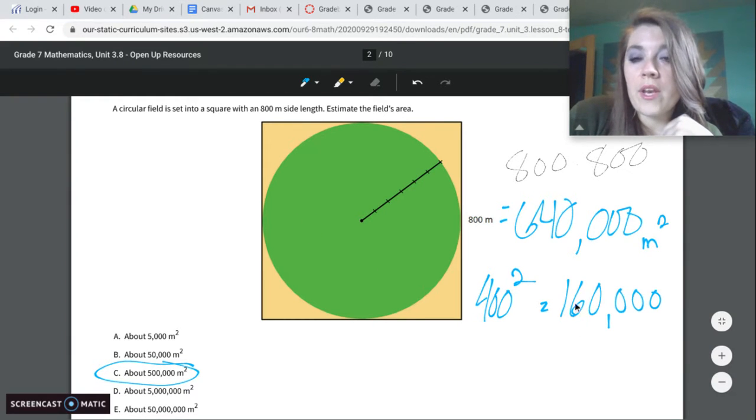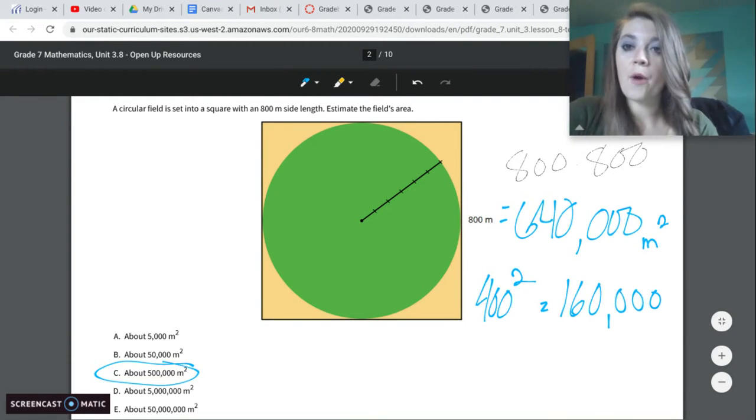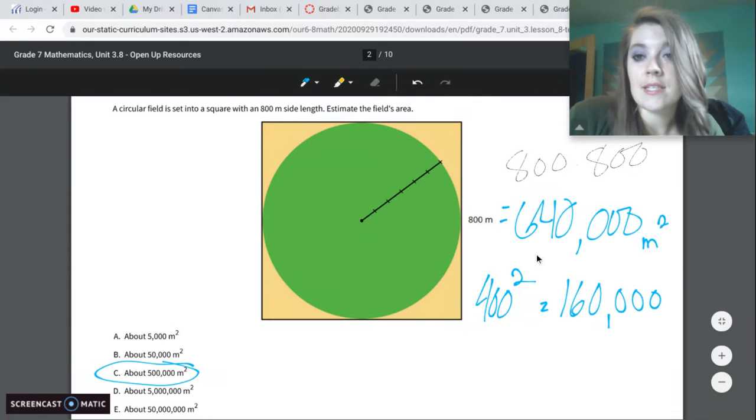And so we know we have to multiply that by pi, and that's going to get us close to our 500,000. So we know it's got to be bigger than this 160,000 because that doesn't take into account pi, but it's got to be less than the 640,000 because that's this whole square here. So we know that information there.